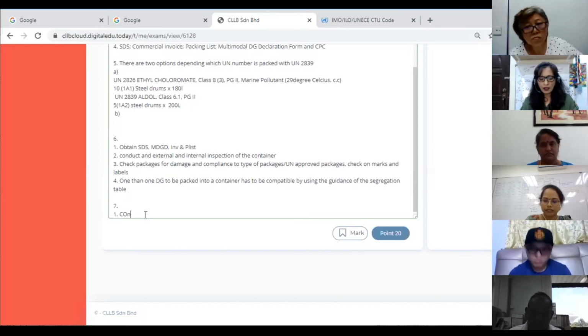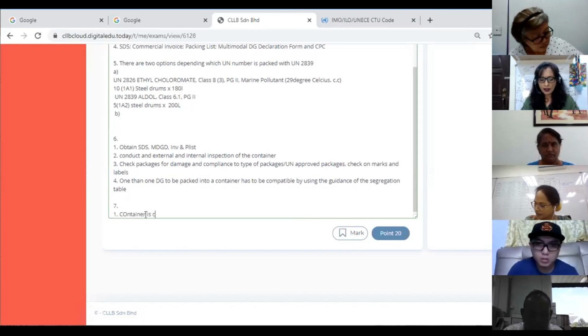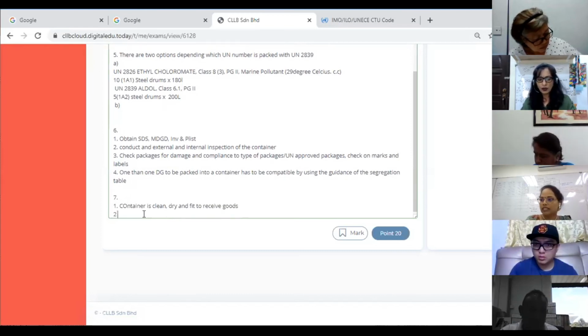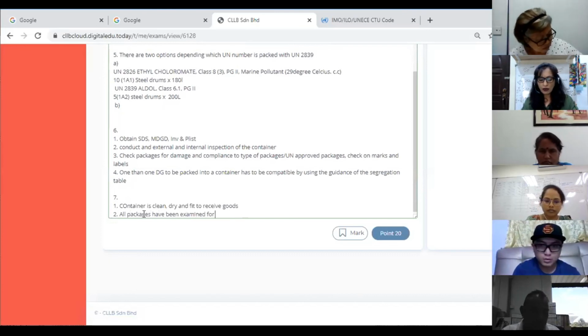Number 1, the container is clean, dry, and fit to receive goods. Number 2, all packages have been examined for damages and only sound packages have been packed.